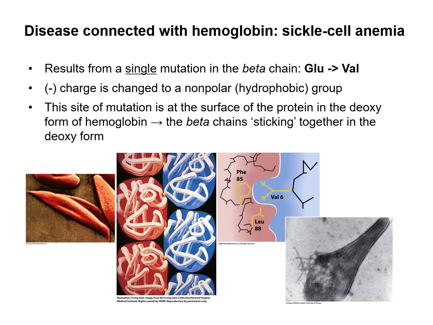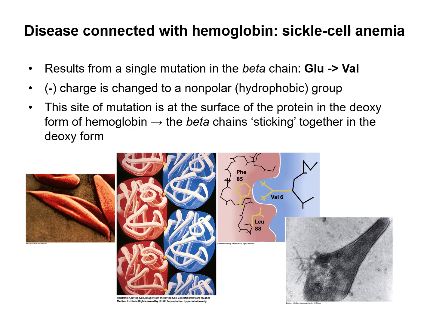And a disease connected with hemoglobin is sickle cell anemia, which results from a single mutation in the beta chain from glutamic acid to valine. The negative charge of glutamic acid is changed to a nonpolar hydrophobic group, valine. And this site of mutation is at the surface of the protein, the deoxy form of the hemoglobin.